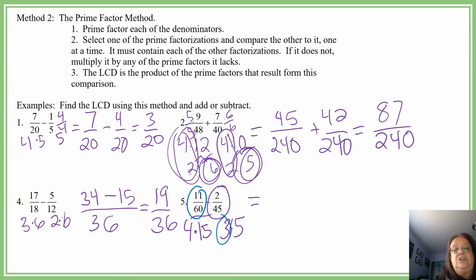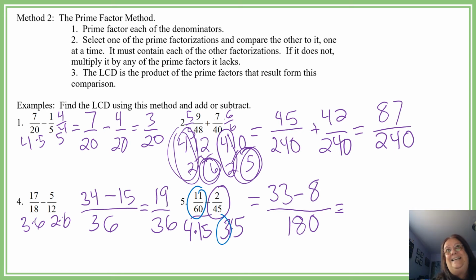All right, so 3 times 11 is 33, minus 4 times 2 is 8, all over 15 times 4 is 60, times 3 is going to be 180. Okay, 33 minus 8 is 25. Over 180.